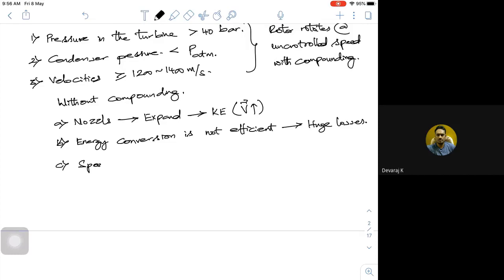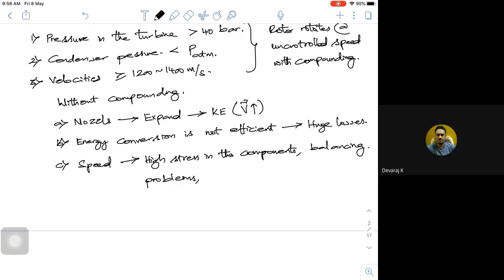that is very high uncontrollable speed, which will lead to high stress in all the components. And if you have studied balancing of rotating masses, we may have balancing problems.